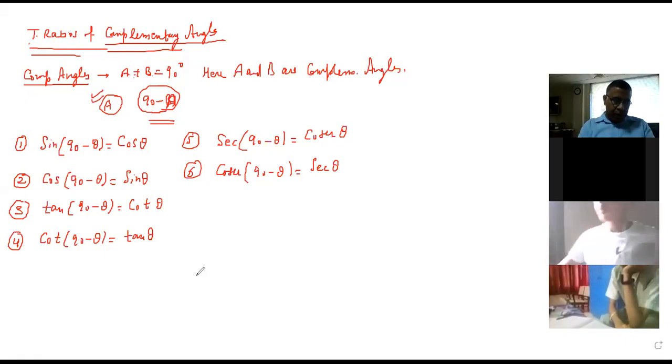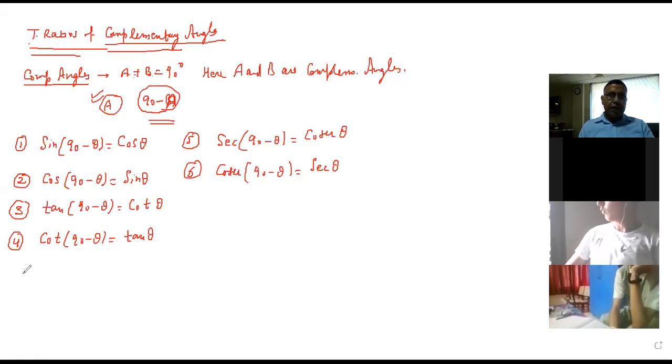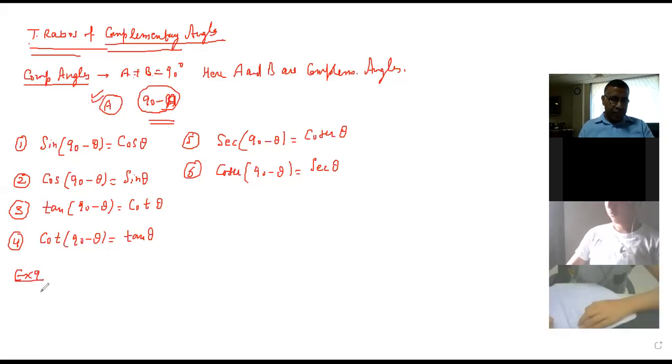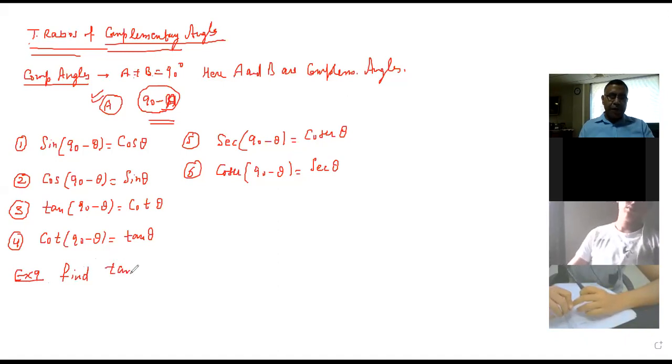Now, questions based on these results. Example 9 is saying find tan 65 upon cot 25.